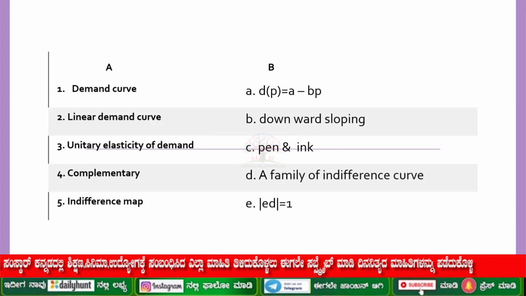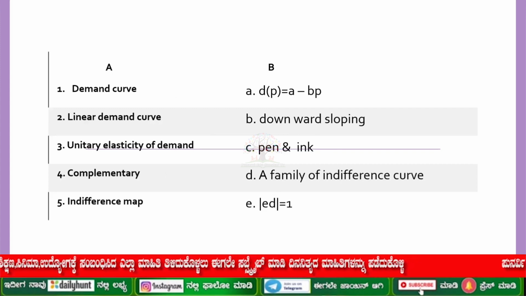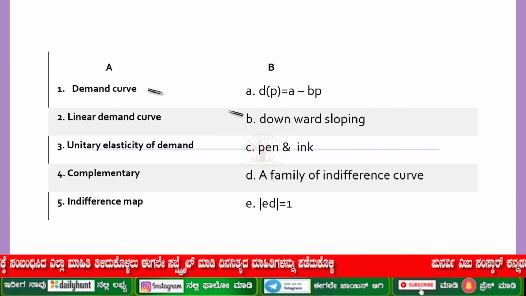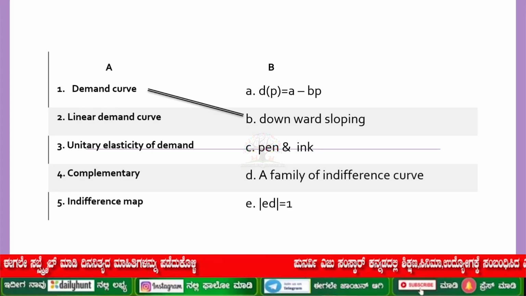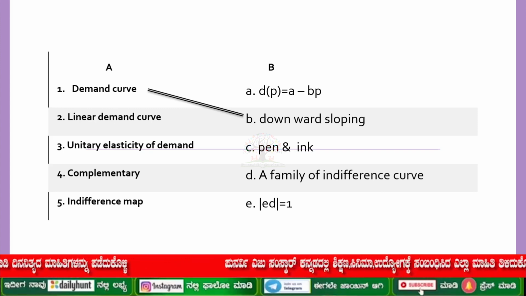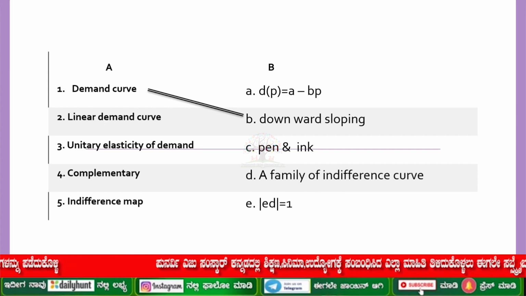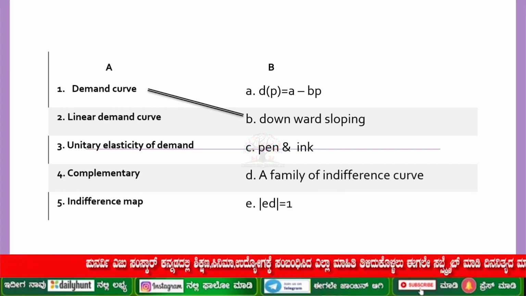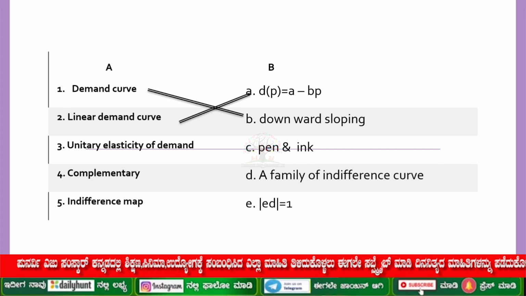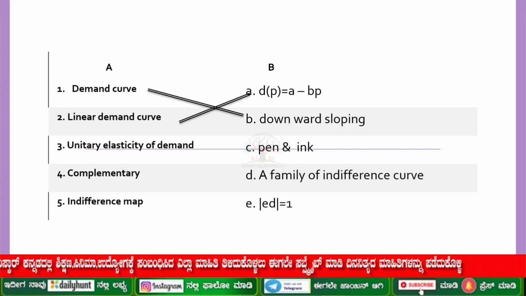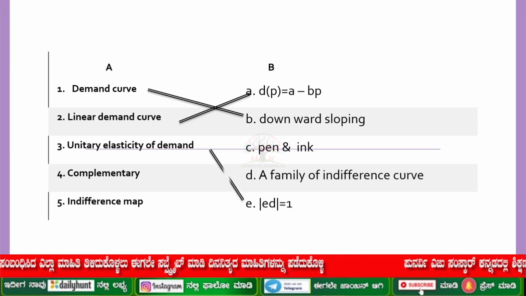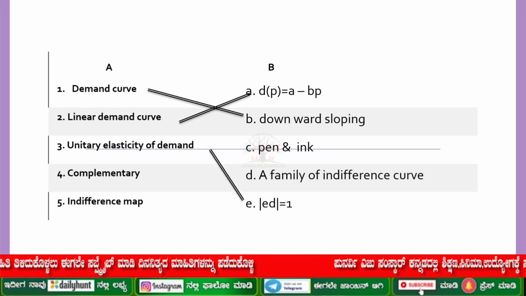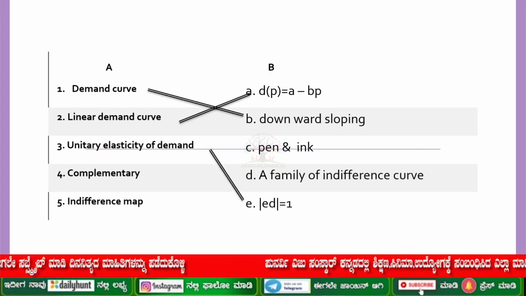Here you can see demand curve. We know it slopes downwards, so downward sloping. Linear demand equation, D equals A minus BP. Unitary elasticity of demand, we know it is equal to 1.